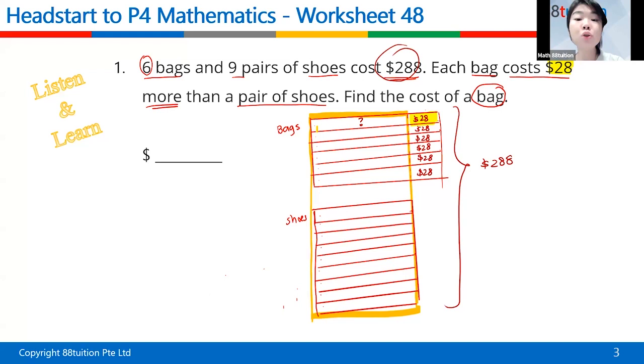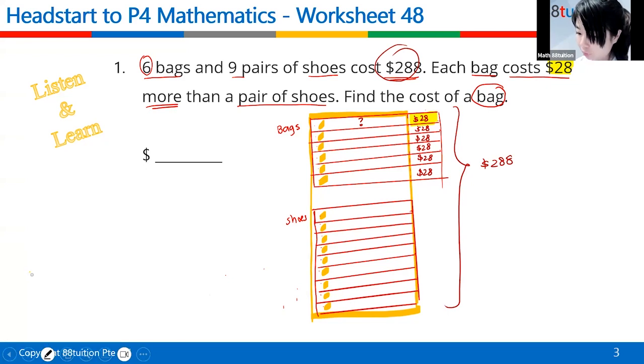How many shoes are there in the orange rectangle? 1, 2, 3, 4, 5, 6, 7, 8, 9, 10, 11, 12, 13, 14, 15. Do you see I have 15 shoes? That is not including the $28 bar that I have on the right. Correct? So the orange rectangle, Wen-Xing and Lakshana, is 15 shoes. Do we agree? Wen-Xing, you agree?